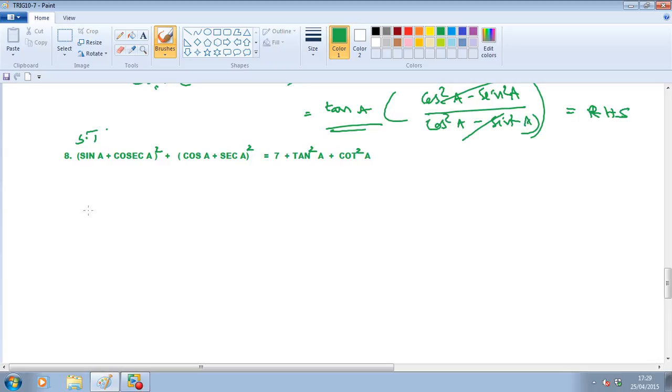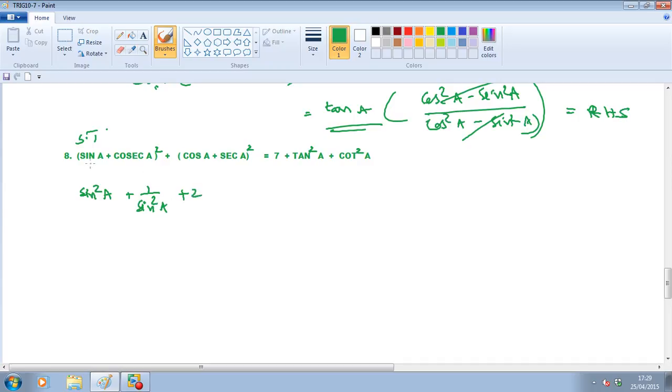Squaring the first one, it is sin square A plus 1 by sin square A plus 2.